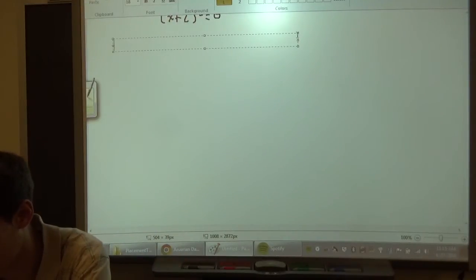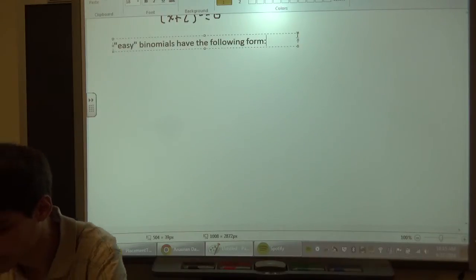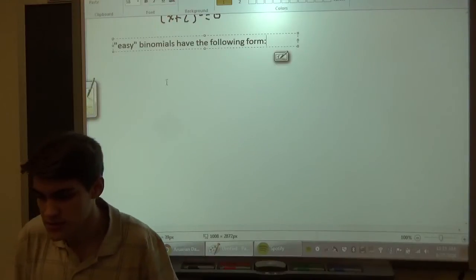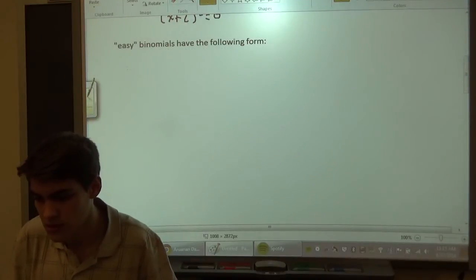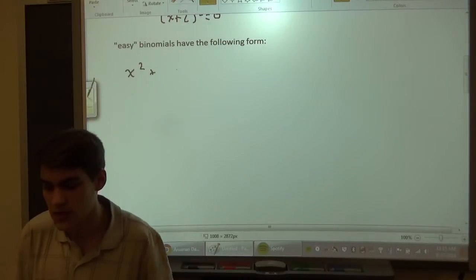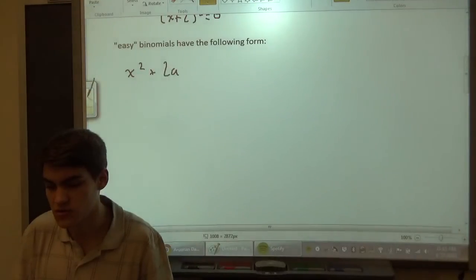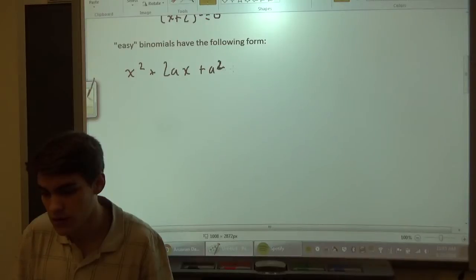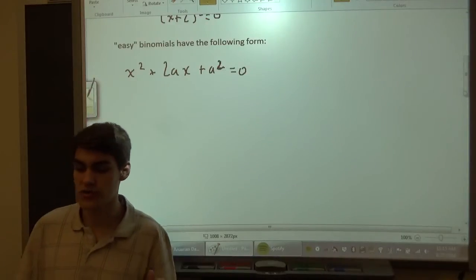So I want to write, easy binomials have the following form. It's always some number a where the following is true. Easy to solve binomials always look like this.